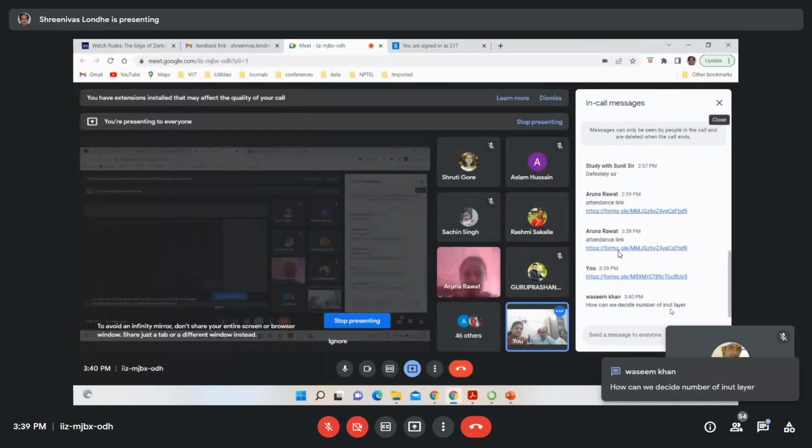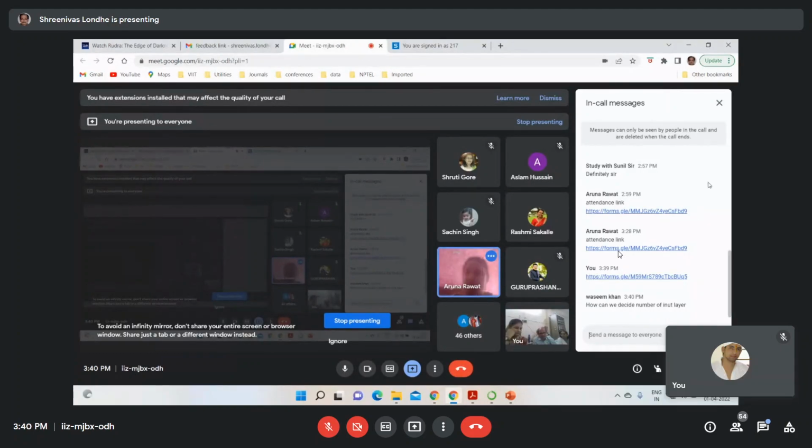There is one question, madam. How can we decide the number of input layers? See, there is only one input layer, and in the one input layer there would be a number of neurons. The number of neurons depends upon the influencing factors. Like in evaporation, we have taken the humidity minimum and maximum, then daily sunshine duration, then temperature minimum and maximum.